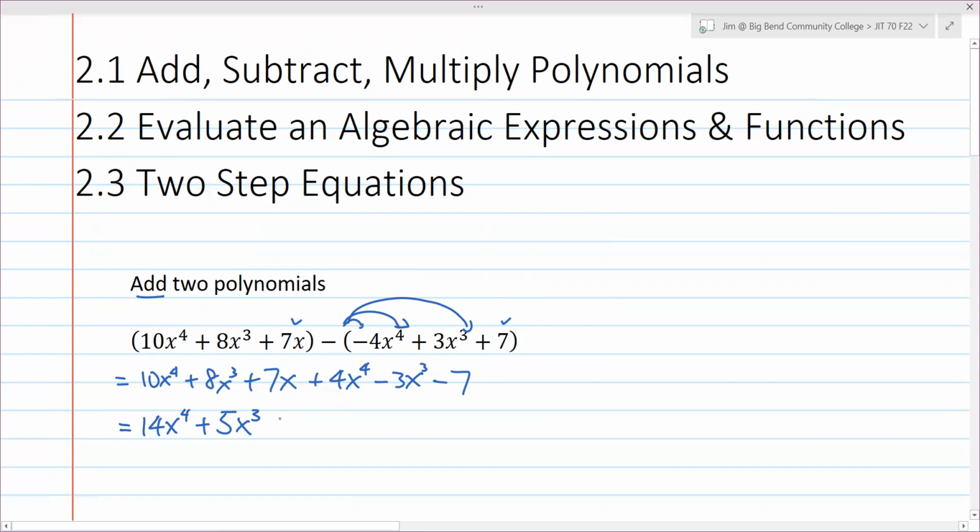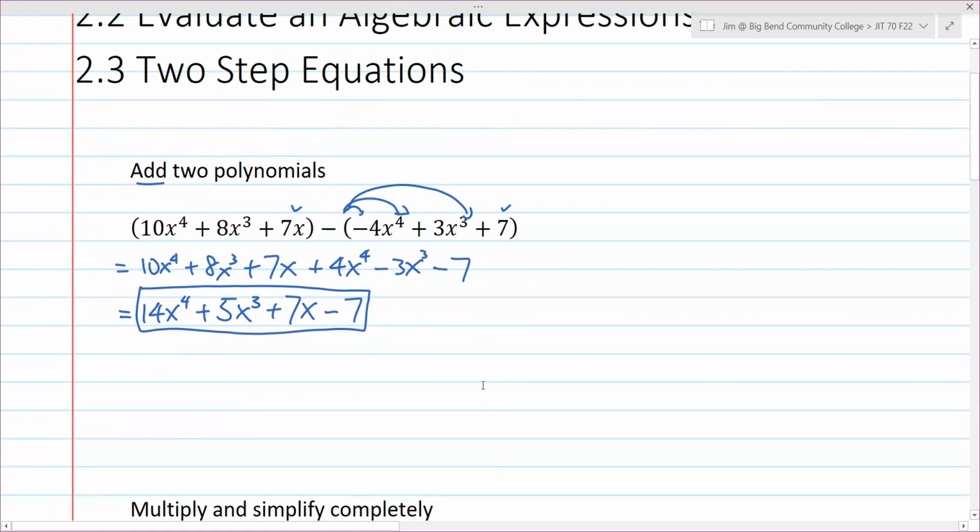No, because they are unlike terms, right? 7x should be on its own, and then the number 7 should be on its own as well. All right, problem solved. When you see a task, there's always a right way to complete the task.